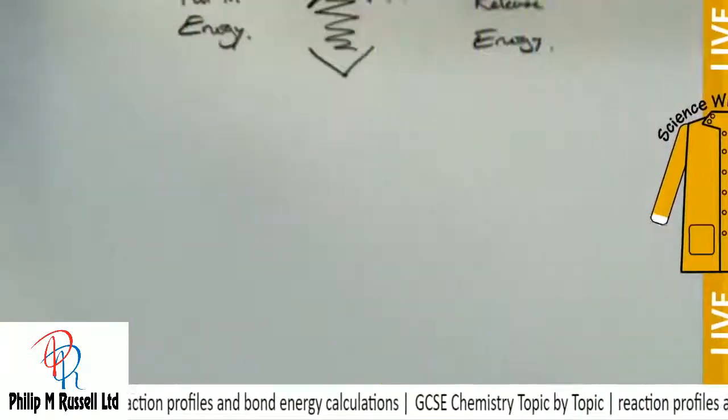So what we can do is use a table like this to help us work out all types and manners of calculations. So let's have a look at some of these bond energy calculations. Let's start off with a simple substance like methane.